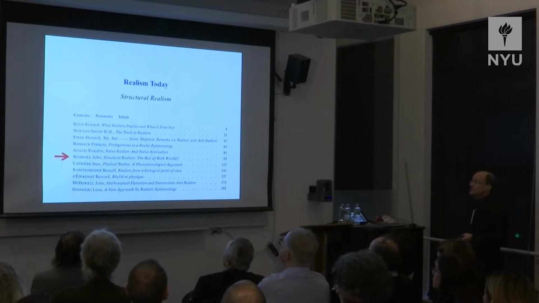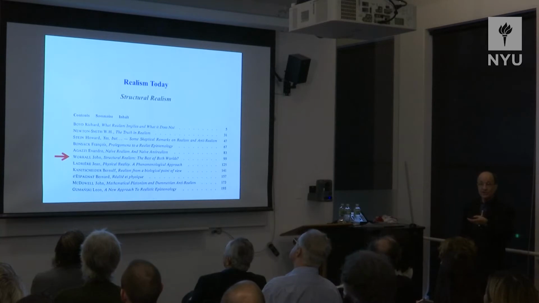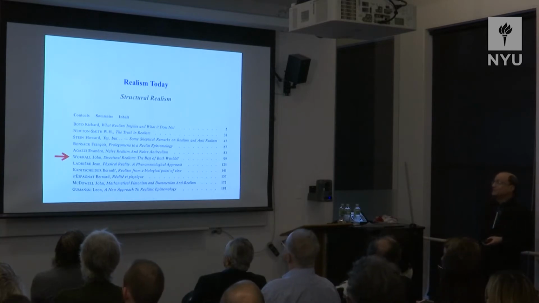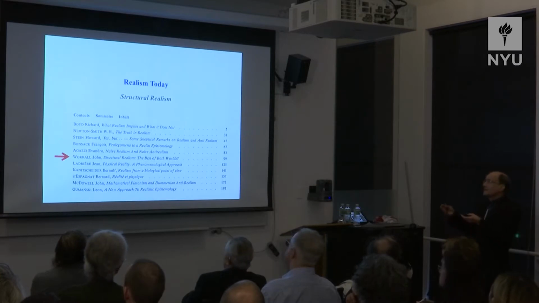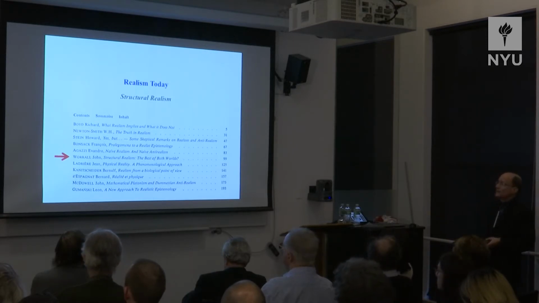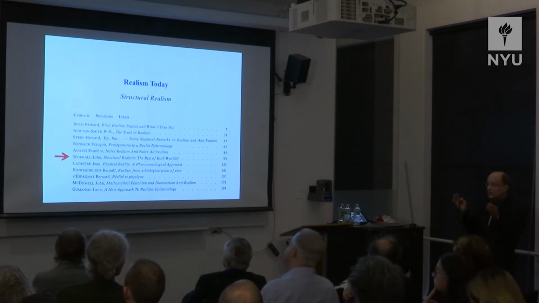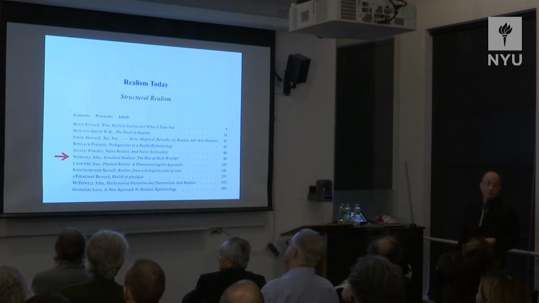Basically, what Worrall says is he's concerned about the objections to reference changing or disappearing in the history of science. He's worried about the so-called pessimistic meta-induction that theories in the past usually fail to refer or completely fail to refer. So how can there really be progress of a realist kind? And the idea is we forget about the reference, and instead we look at the structures that are being used to describe reality.